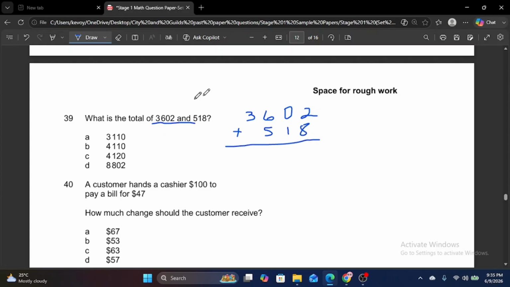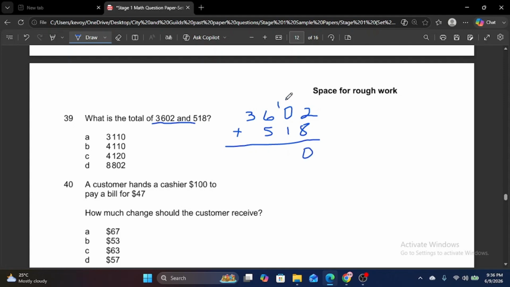If you realize, I ensured that I have enough space to separate the digits into the right place value. So I have my hundreds under the hundreds column, tens under the tens column, and the ones under the ones column. You can see them clearly. I do this because it makes adding more organized, so you make fewer mistakes. So let's add now. 8 plus 2 is 10.